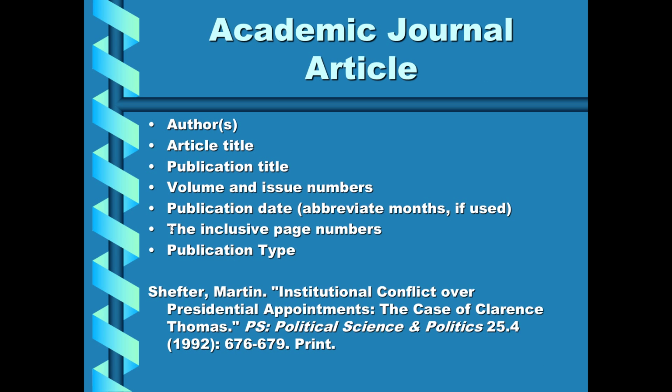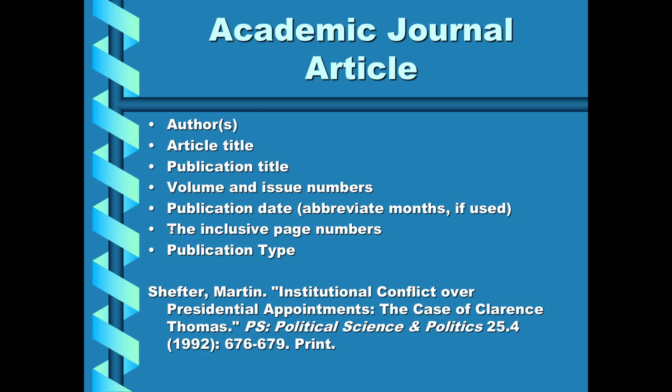Okay, article from an academic journal. Now, let me point out that unless your professor specifies otherwise, you would only use this format for an academic journal if it's one that you got directly from a library, that you could physically hold the journal in your hands.